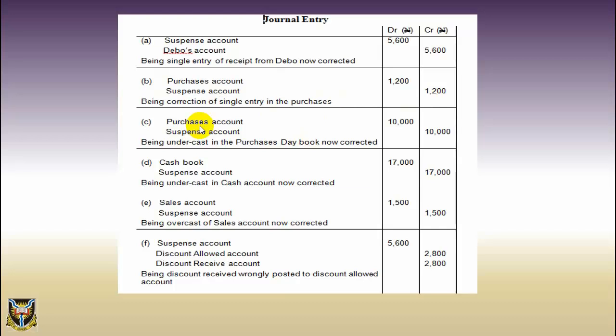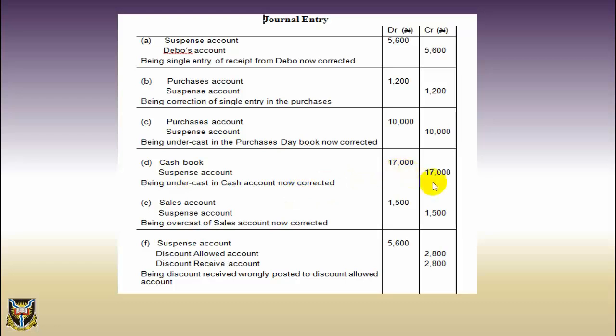C. Purchases account, suspense account, being undercast in the purchases day book, now corrected. DR 10,000, CR 10,000. D. Cash book, suspense account, being undercast in cash account, now corrected.